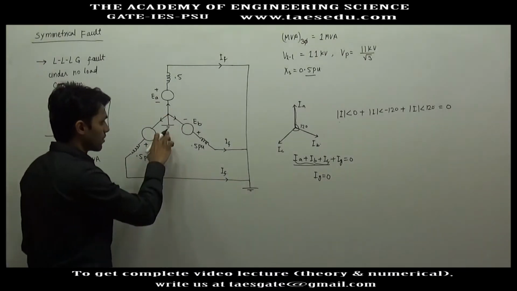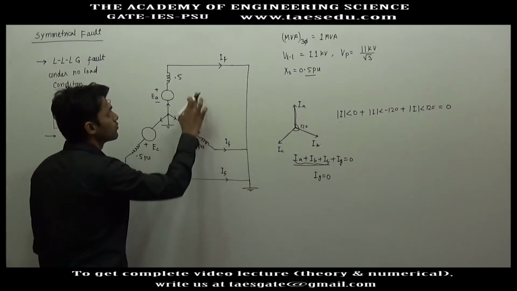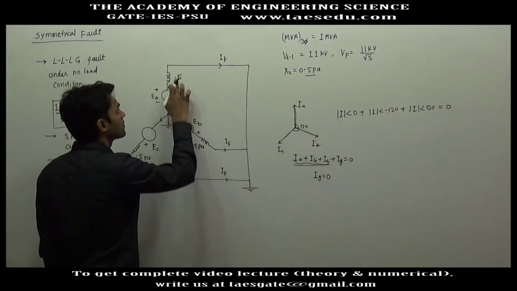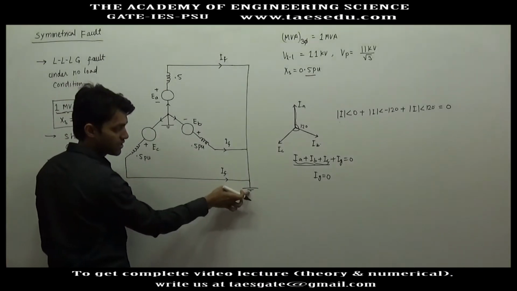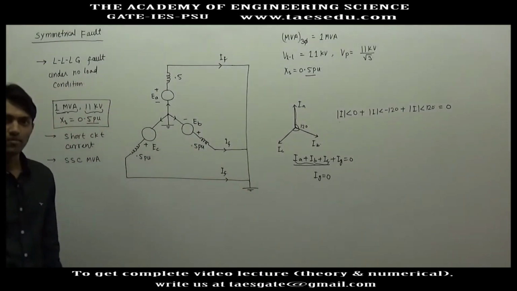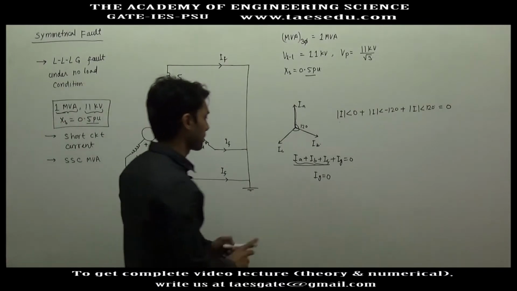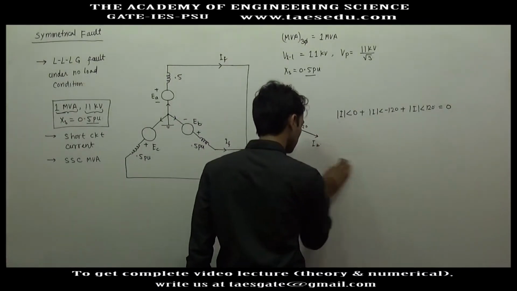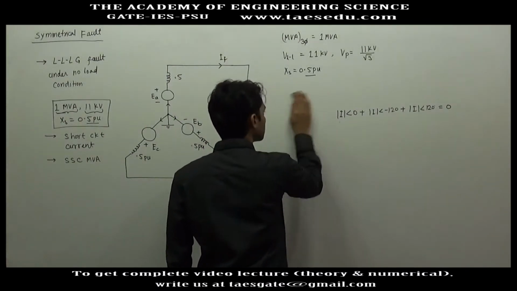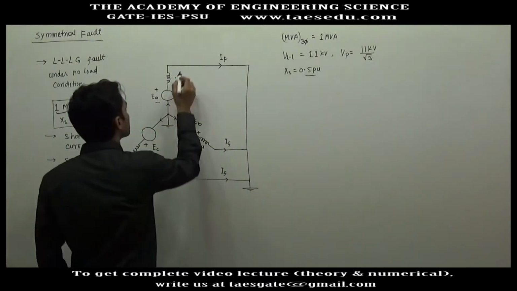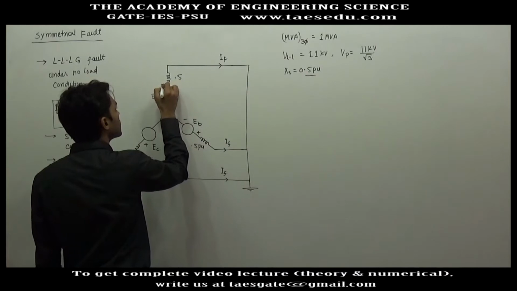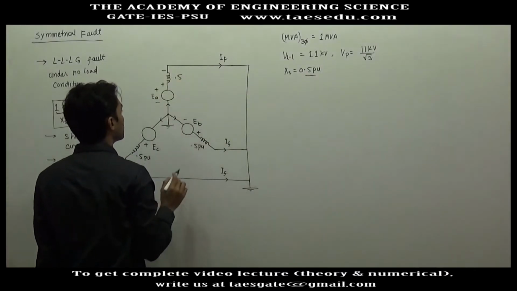Okay, now we have ground here, so to find the fault current we can apply KVL. You start from ground and again reach ground, and the loop will be completed. Let's say this is the fault current, with positive and negative reference.